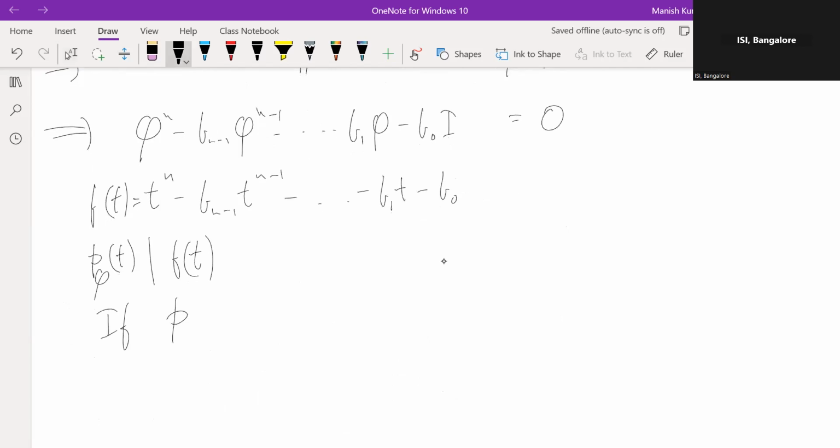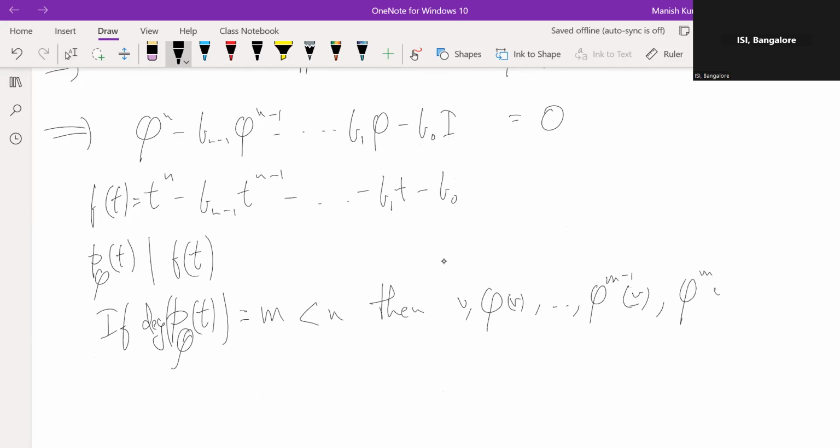Yeah. So if the degree of p_phi(t) is m, less than n, then v, phi v, up to phi^(m-1) v are linearly independent, but phi^m v will be linearly dependent.